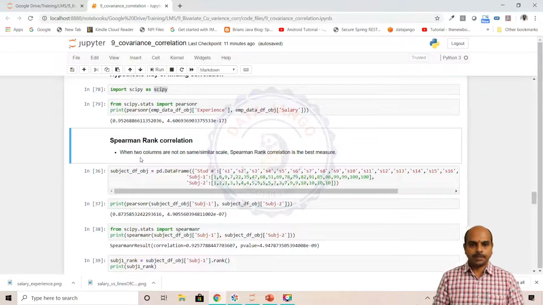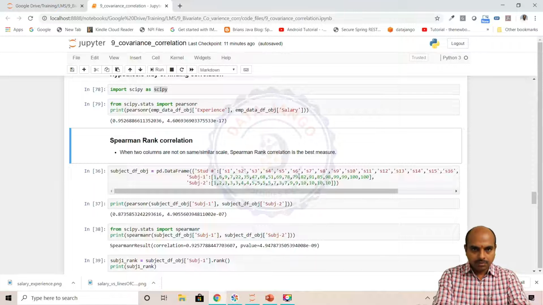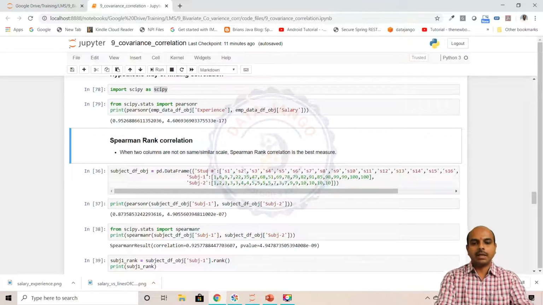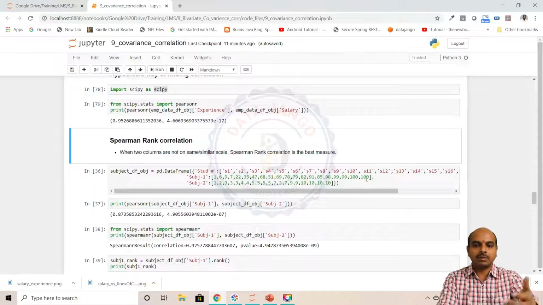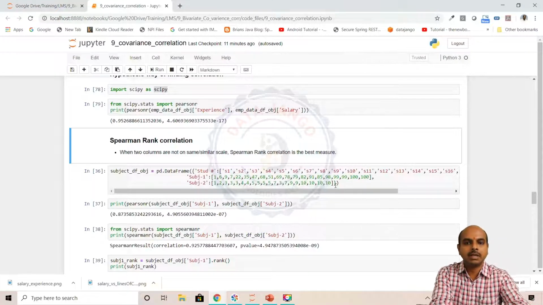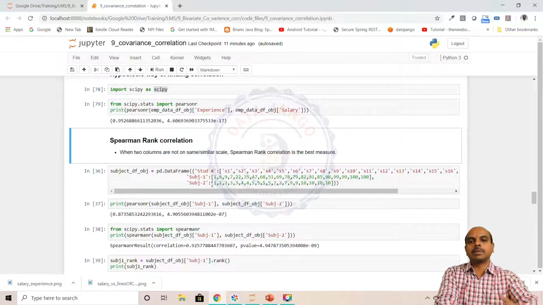What is Spearman correlation? Spearman correlation generally takes the rank of the actual values and then tries to calculate the correlation. So here we have conducted the test for 20 students.